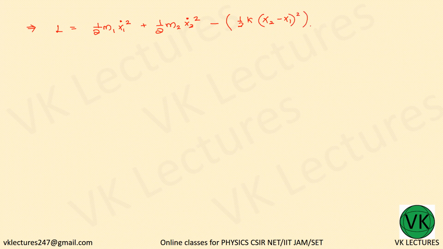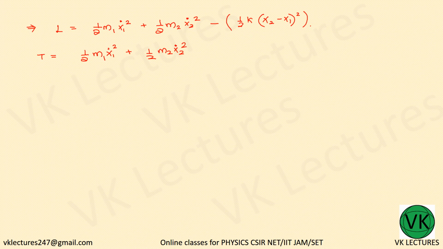So this is the Lagrangian. From here we can write the kinetic energy T is equal to half m1 x1 dot square plus half m2 x2 dot square.